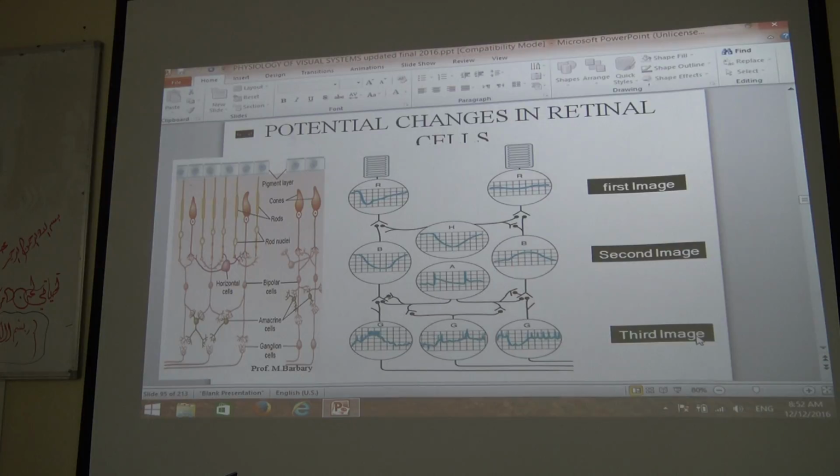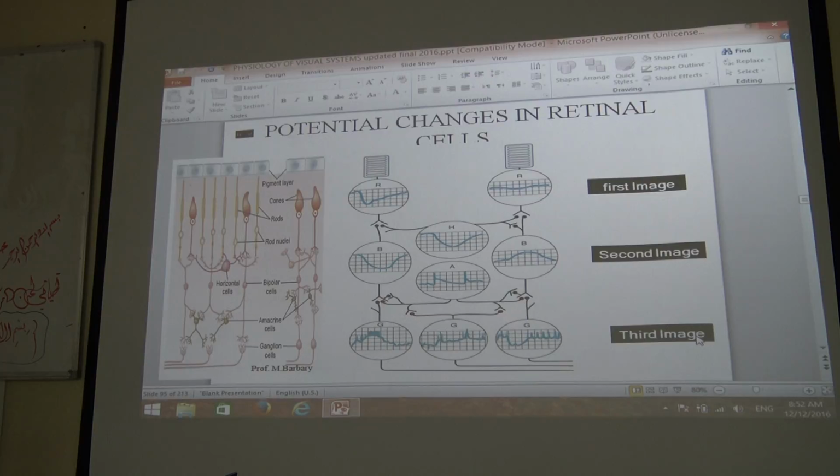Horizontal cells respond by hyperpolarization causing lateral inhibition, and the function of lateral inhibition is sharpening of the stimulus, sharpening the image, to see the details. Right.